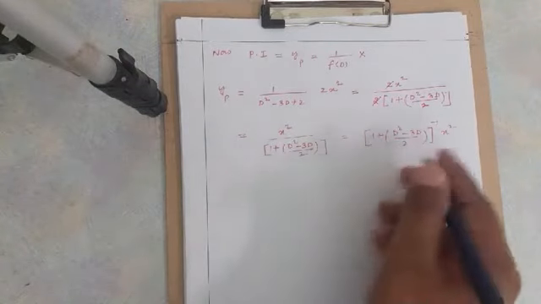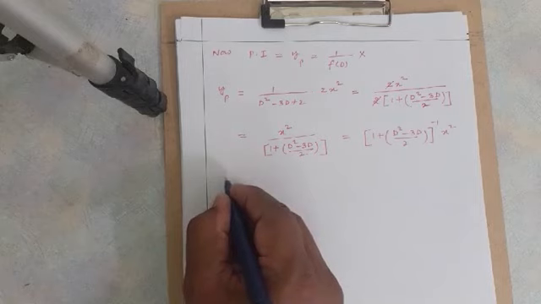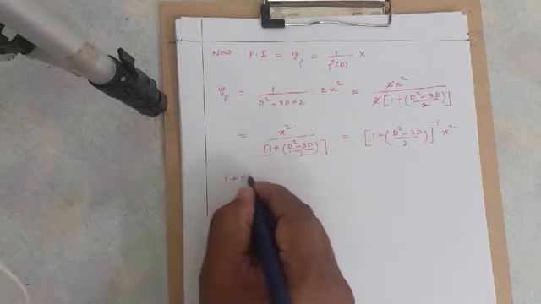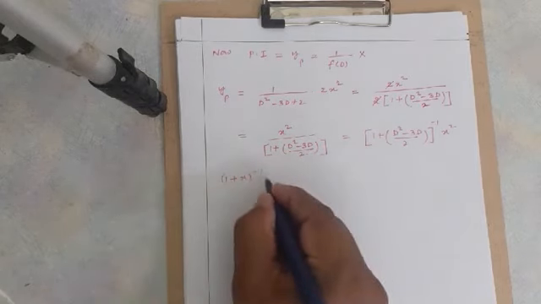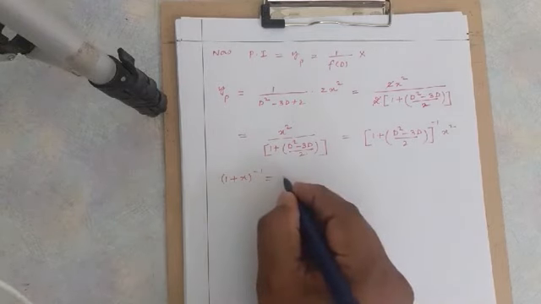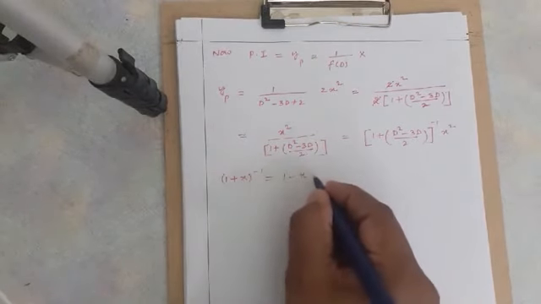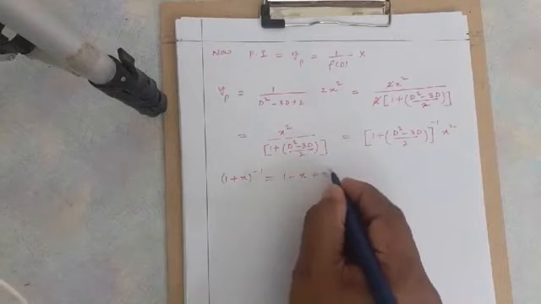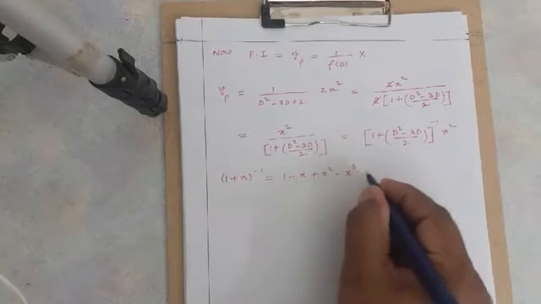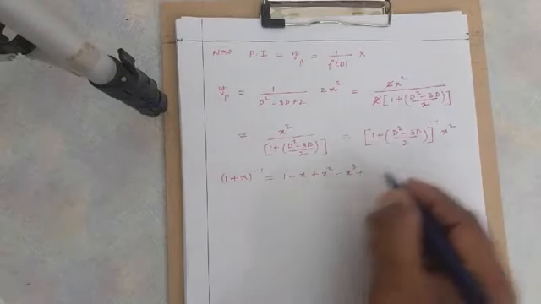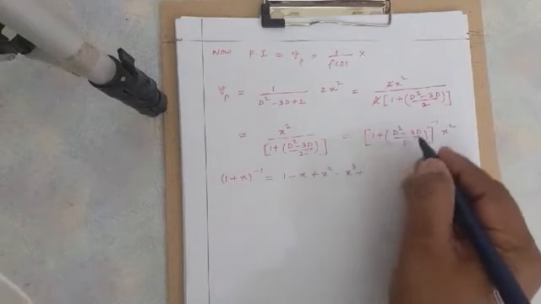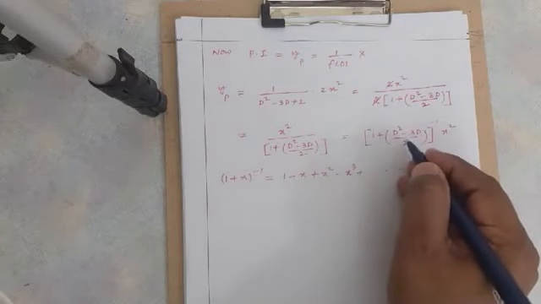After writing this, this is in the form of a binomial expansion, that is nothing but 1 plus x whole power minus 1. 1 plus x whole power minus 1 is nothing but 1 minus x plus x square minus x cube plus and so on. So as you know, here we have to consider this whole term as x.